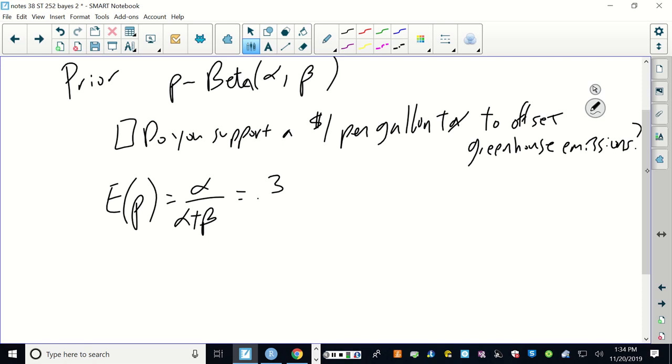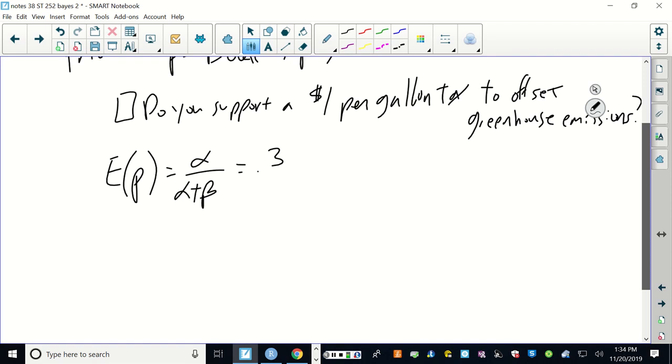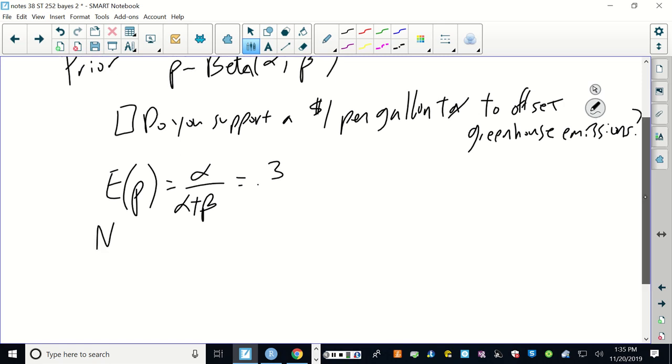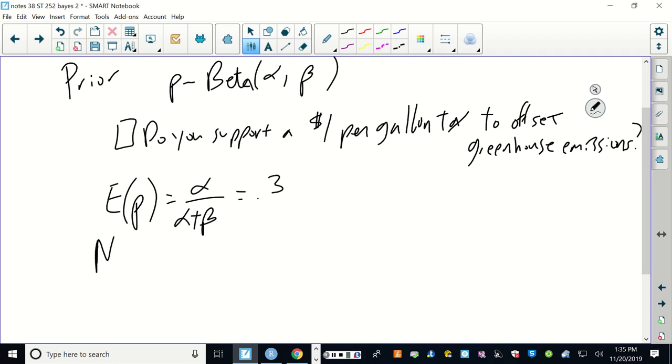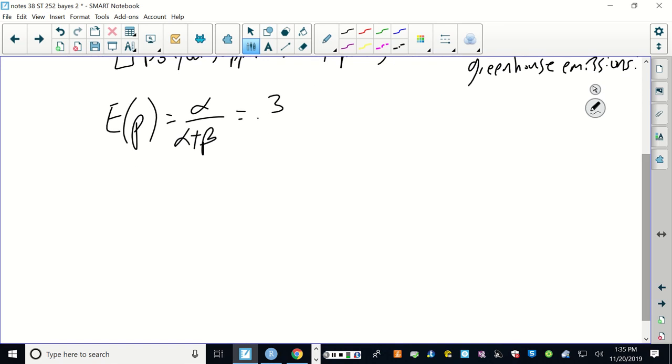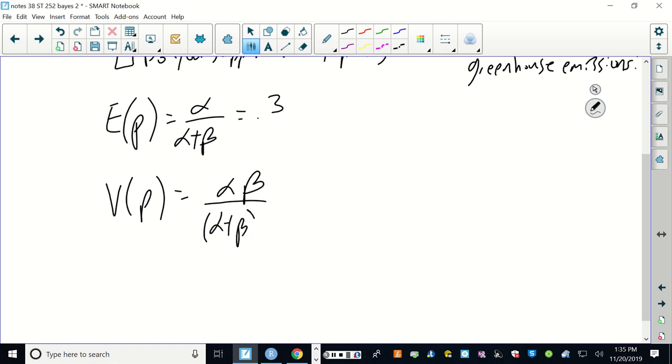How confident, how sure are you of that number? What would be the range of things you would think would be possible? That's the variance under this prior distribution. The variance of a beta is this formula that you can figure out from probability theory.